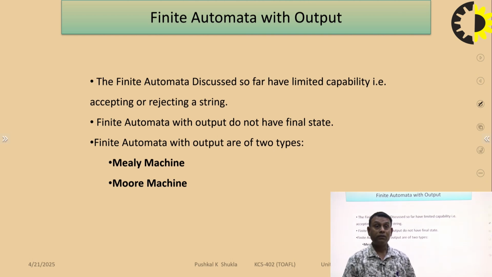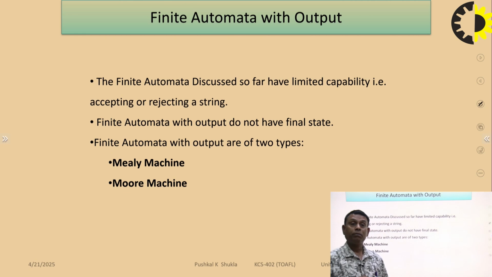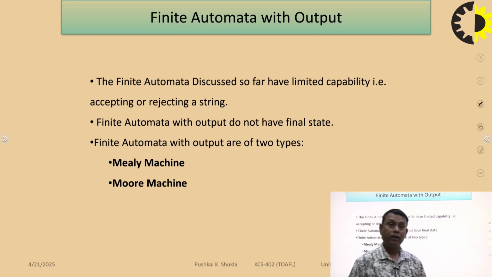That's why it is called deterministic. In a non-deterministic finite automaton, for a particular state and input, the next state is not fixed. That's why it is known as non-deterministic finite automata.